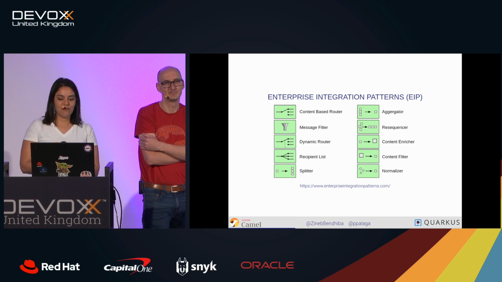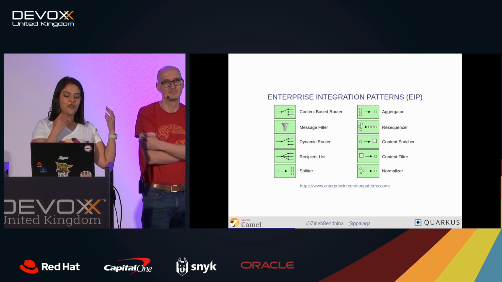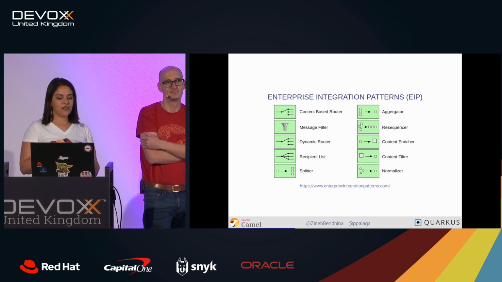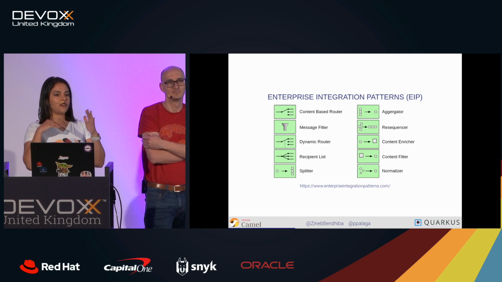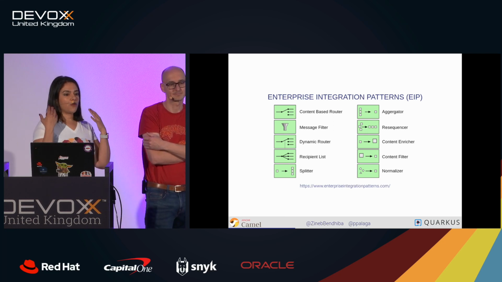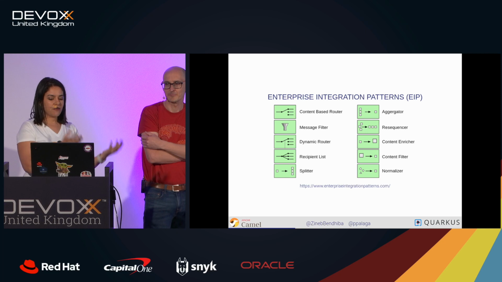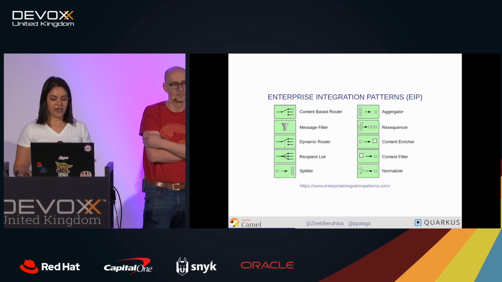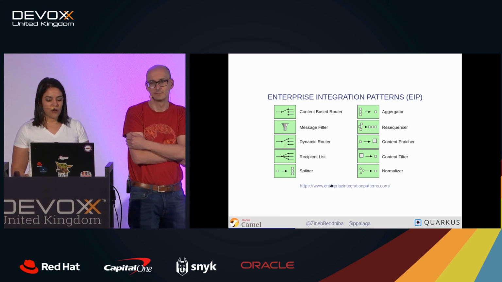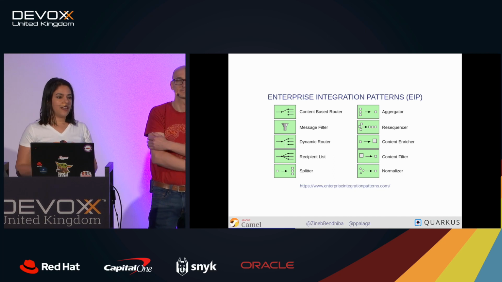But the thing is that, for example, we have message filter, content-based router, which is going to route the message depending on what is contained in the message, aggregator, filter, and there are so many that you can read in the book or go to this website to see them.